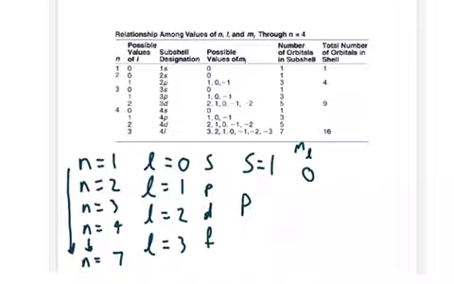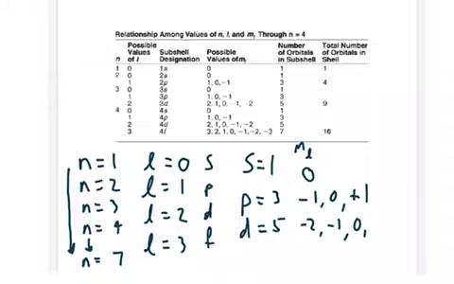The p orbital can be graphed 3 different ways. One is known as px, then there's a py and a pz. And since there are 3 orientations, the ml values for each are -1, 0, and +1. The d orbital has 5 possible orientations, and the designations for each of the 5 would be -2, -1, 0, +1, and +2.